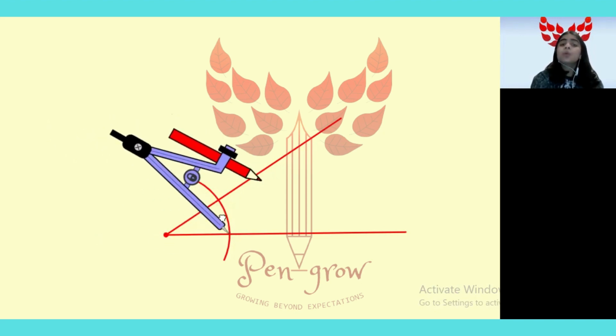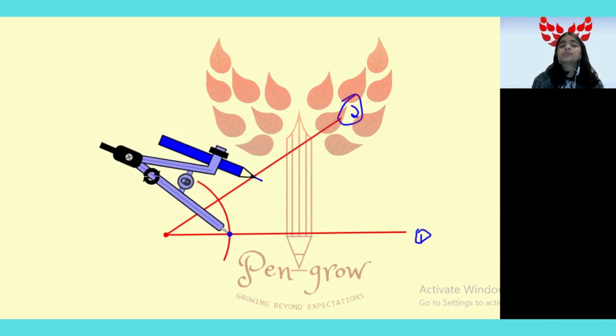Then you keep it where that arc is meeting with your line. You have 2 fixed lines. This is your first fixed line. This is your second fixed line. Where it meets your first fixed line, that is where you're going to keep it. And you're going to make another arc, right?